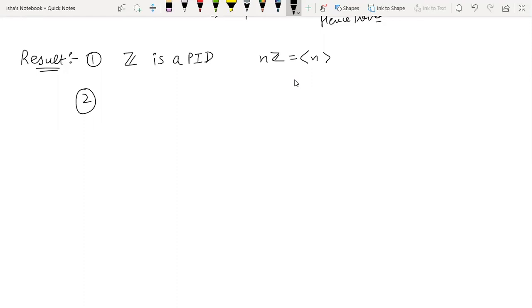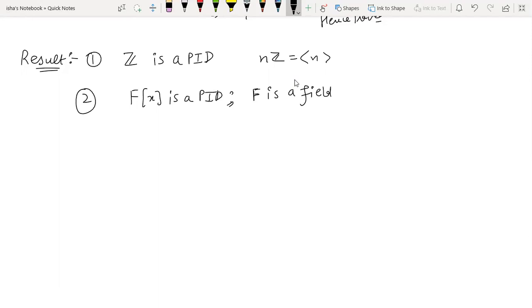Every field is a principal ideal domain. F[x], we had this, F[x] is a PID. The polynomial ring generated from the fields is a PID, where F is a field. So that is also a PID. Every field itself is a principal ideal domain. So there are many examples of a PID.